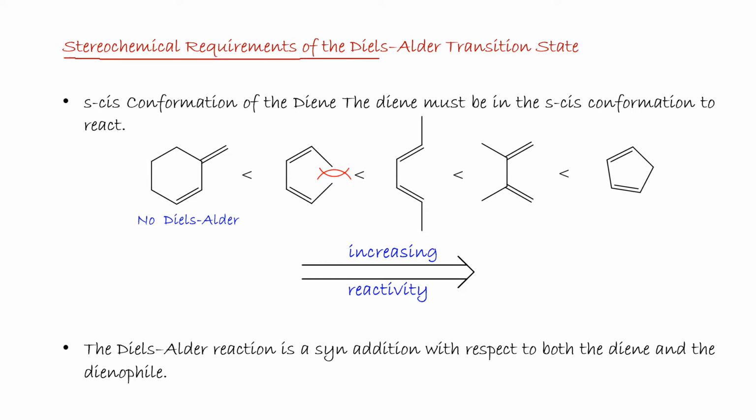Stereochemical requirements of the Diels-Alder transition state. We have to have the diene in the s-cis conformation.